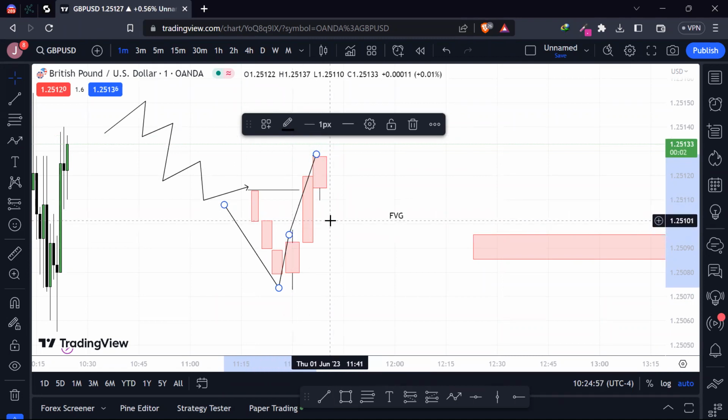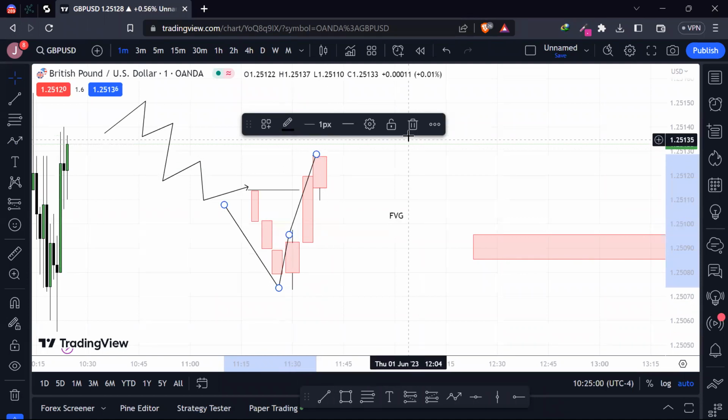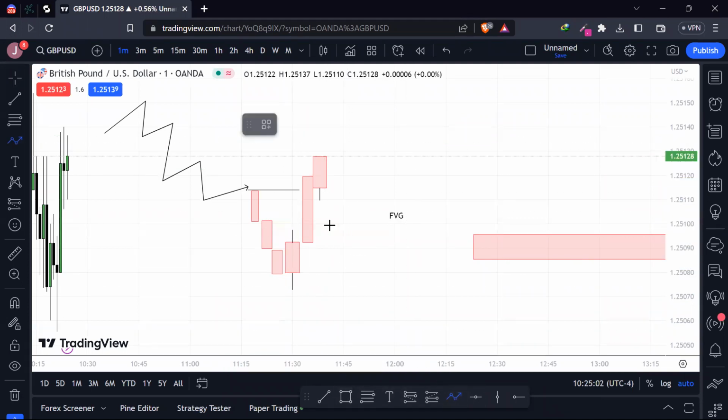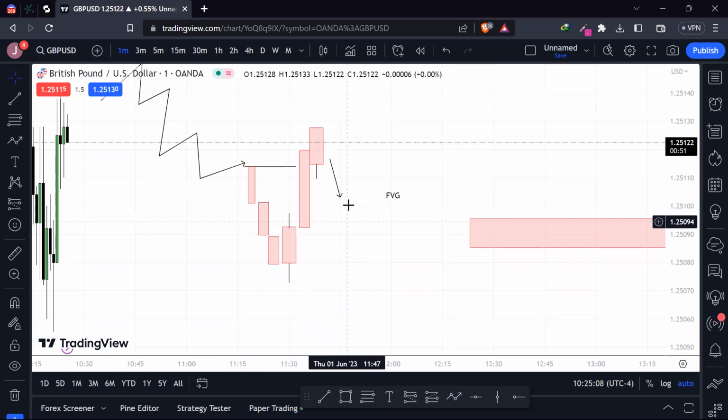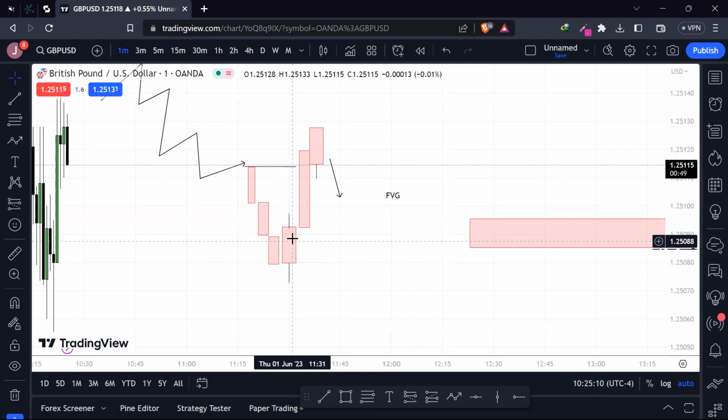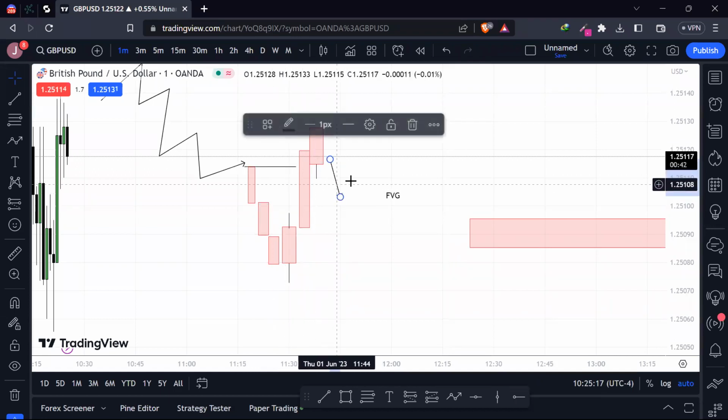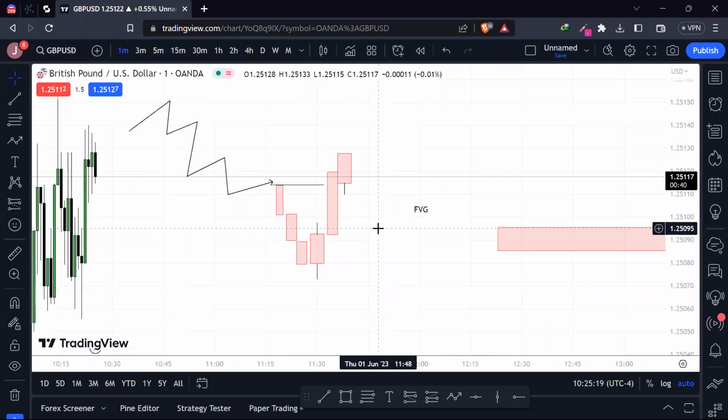So what the price does is always come back to the gap to fill in these two gaps right here. So how to calculate the gap? It's like one candle, two candles, three candles, so 1, 2, 3, and in the middle of 1, 2, 3 there will be a fair value gap. That's how we calculate this.